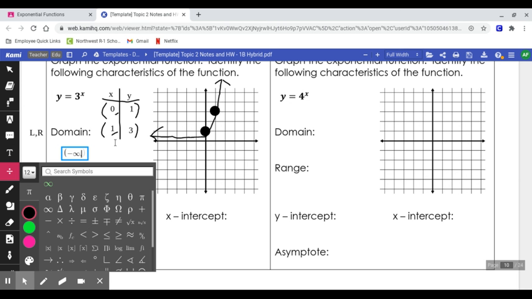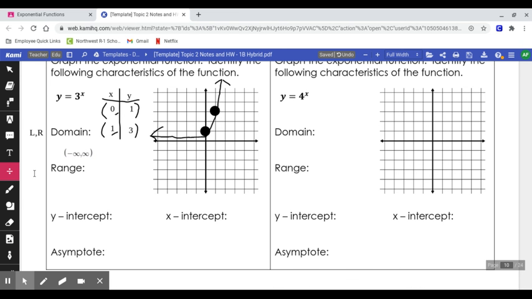Okay, so it goes to the left forever. It also goes to the right forever. So comma, another infinity here, close the parentheses. There's your domain.